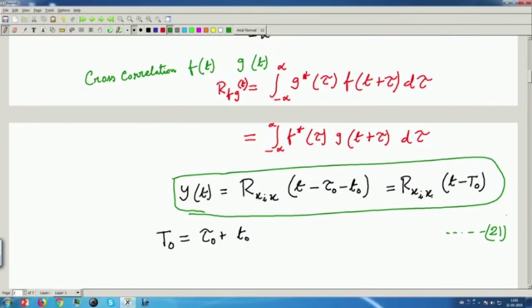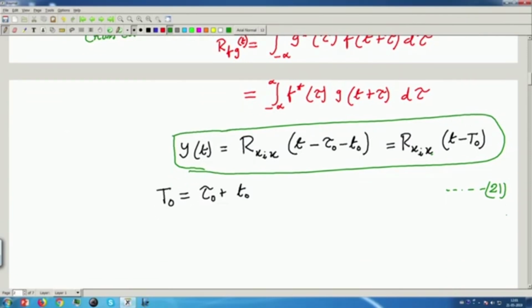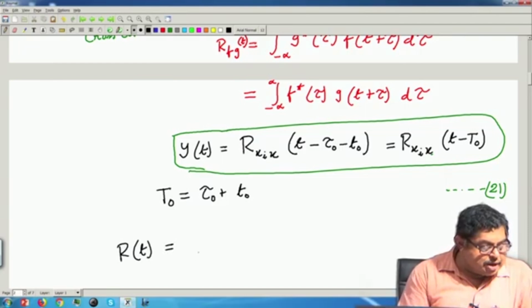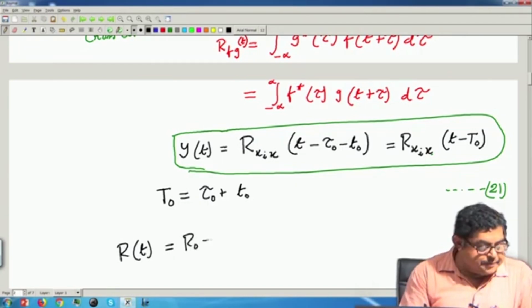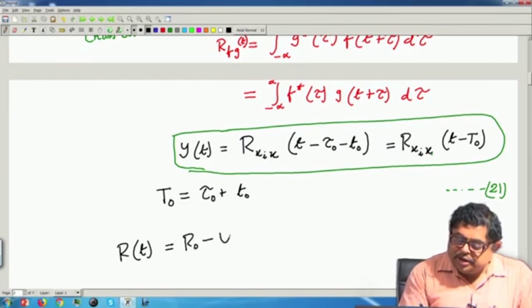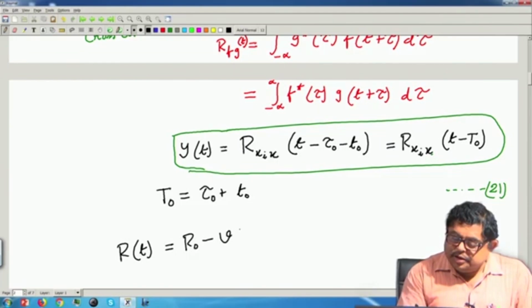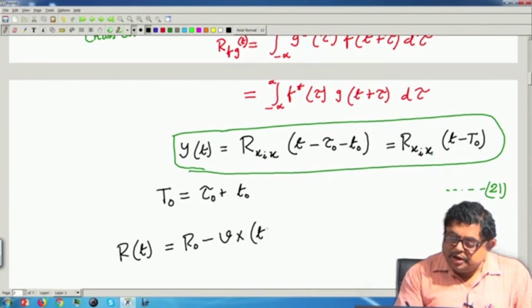The range of a closing target is given by R t, which is R naught minus V into t minus T naught.